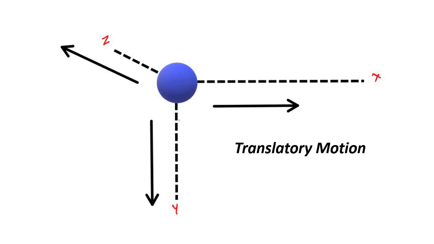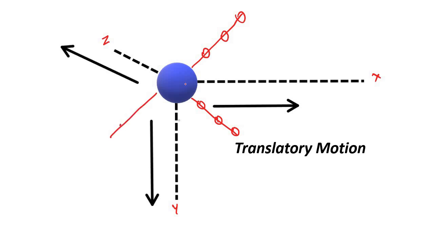But the motion is restricted to one line, in one direction. Likewise it can also move in this direction, a straight line in between like this. It will keep moving in this direction, or it can move in a straight line in this direction, only in one dimension.